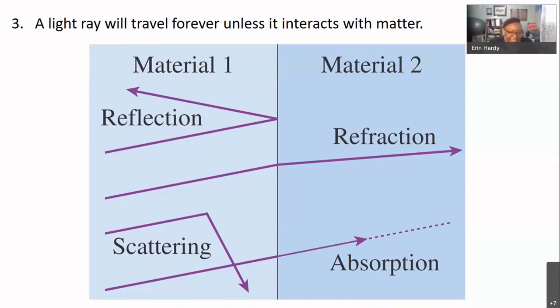In other words, you didn't see the laser beams that we worked with last week. You could see where they landed on the screen, but you didn't see a cylinder of light.